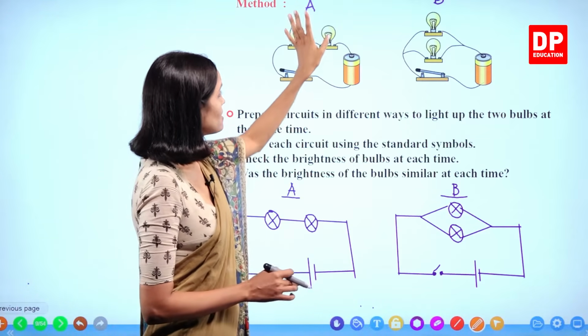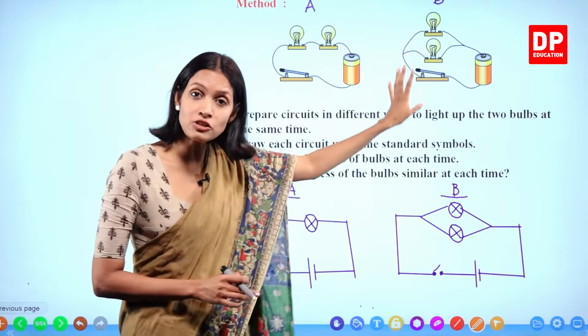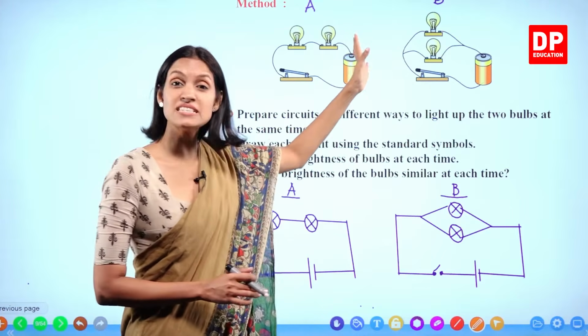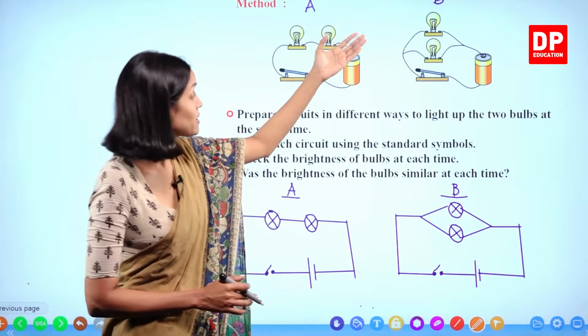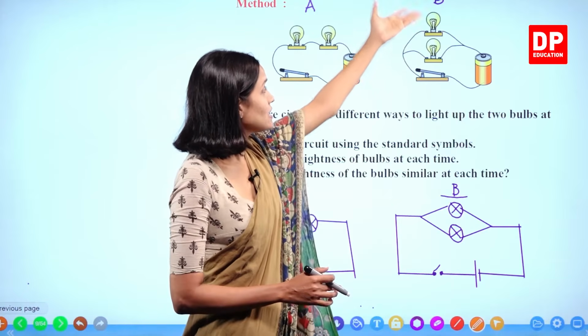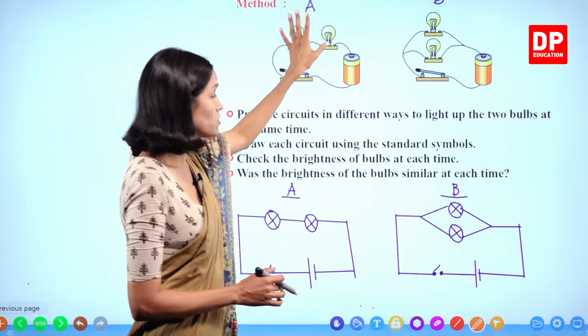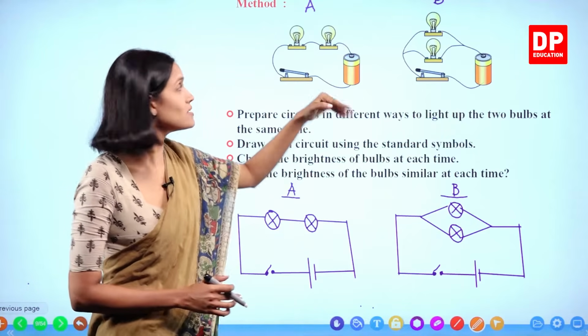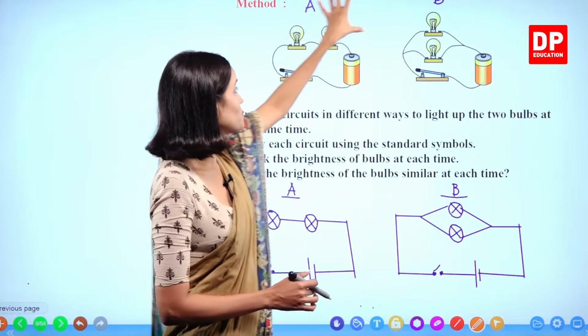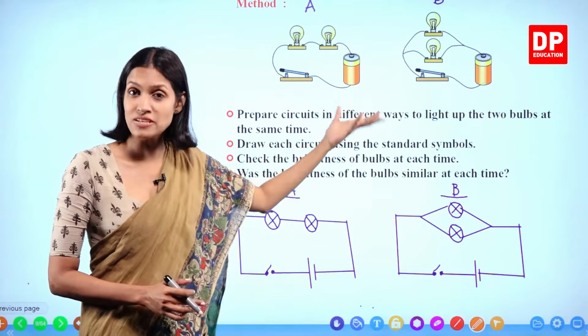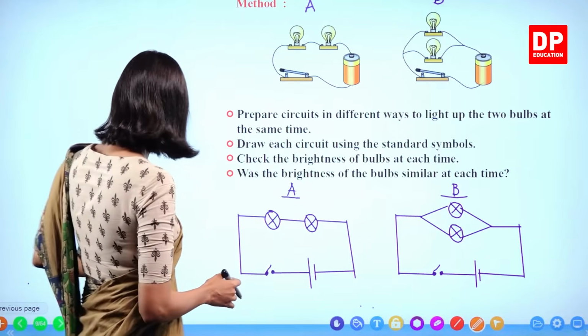When we connected the bulbs like this, which means parallel to each other, the brightness is higher. Okay, the brightness increased when we connected the bulbs like this. Right, children? So here also there was a certain brightness, but when we changed this setup into this setup, the brightness was increased, okay? We'll write down that one.